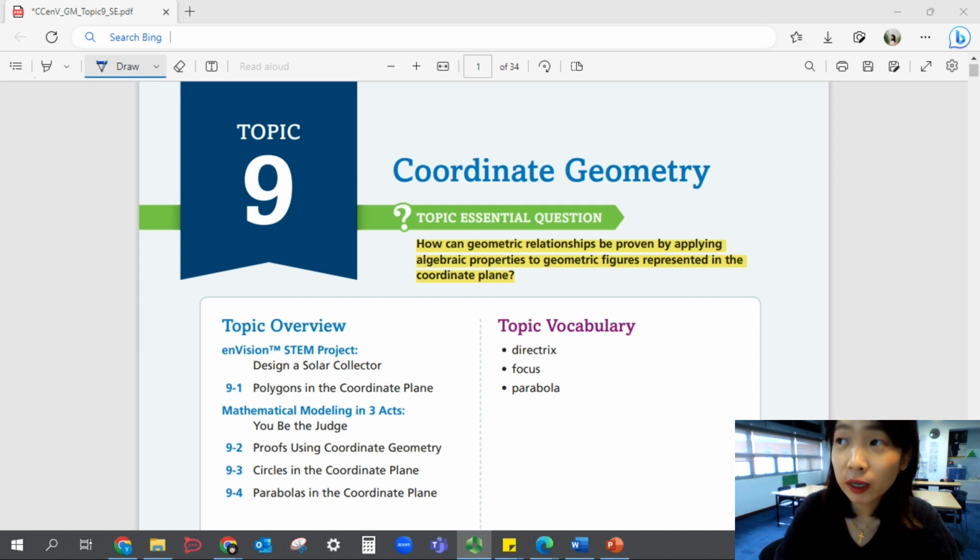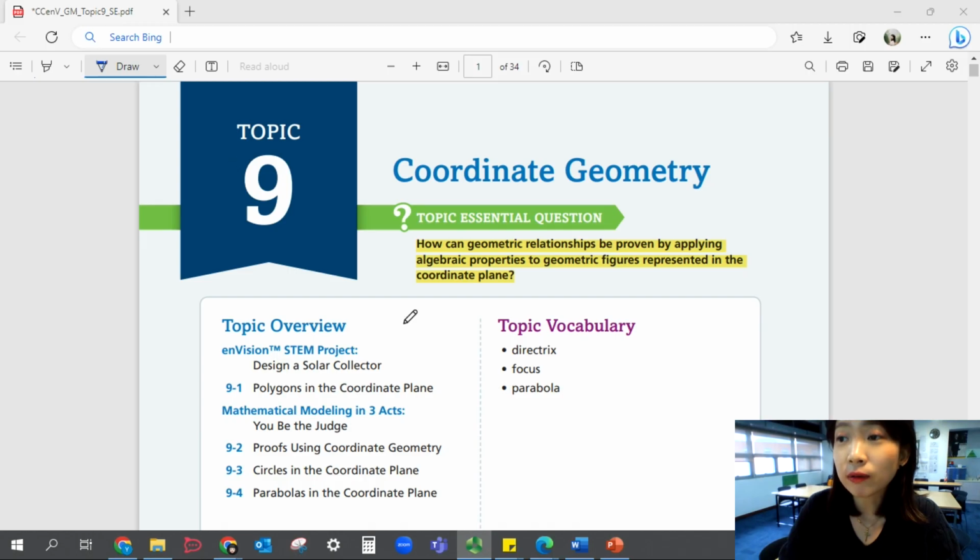The essential question is, how can geometric relationships be proven by applying algebraic properties to geometric figures represented in the coordinate plane? I greatly recommend going back to Algebra 1 and reviewing the coordinate sections if you don't remember that.